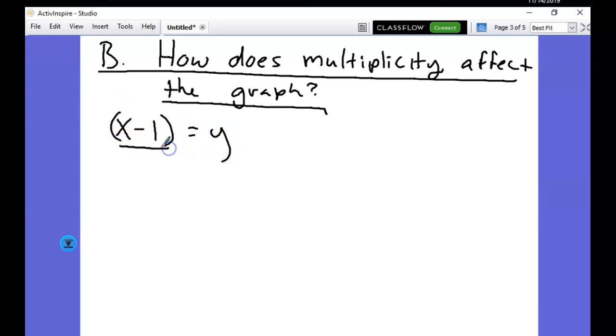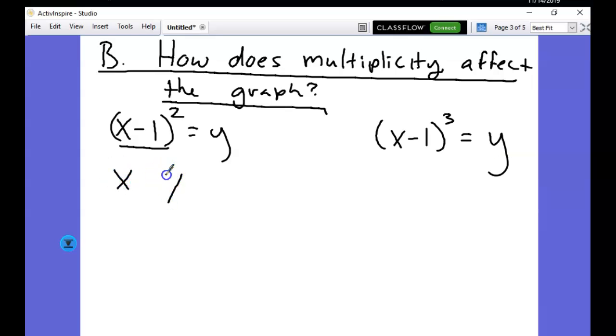This is a factor, and the root that goes with that would be 1. I'm going to give that factor a multiplicity of 2, so it's like x minus 1 times x minus 1. Then I'm going to make the same thing over here, but this time I'm going to give it a multiplicity of 3. We're going to graph both of these and see what the difference in the graphs is and why. It has everything to do with that exponent, that multiplicity.